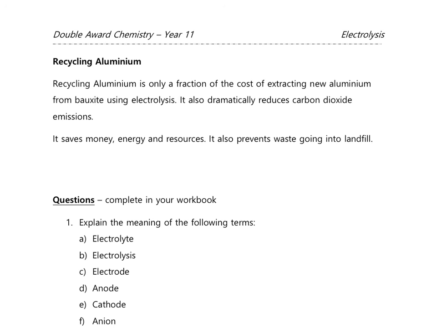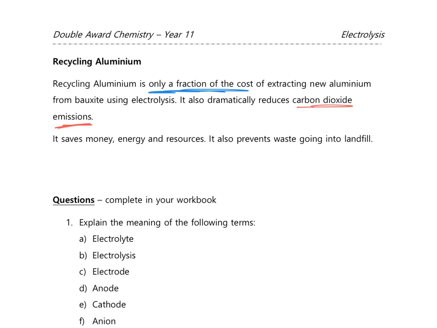Recycling aluminium only costs a fraction of the money that it does to extract new aluminium through electrolysis. So recycling aluminium is so important, and it doesn't only have the benefit of reducing the cost, but it also has the benefit of reducing carbon dioxide emissions.